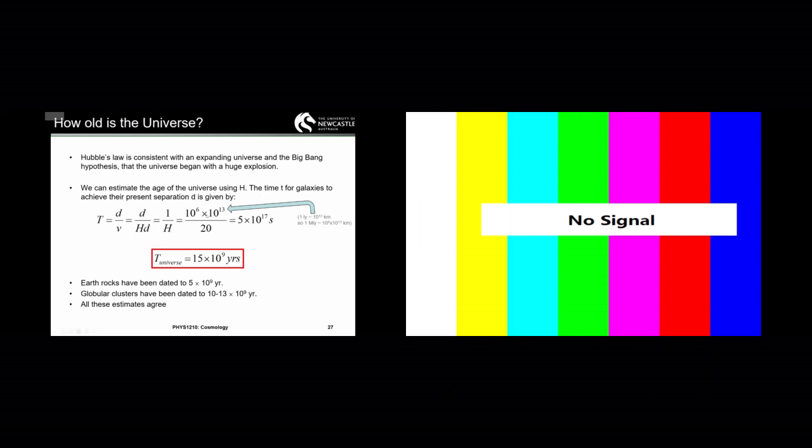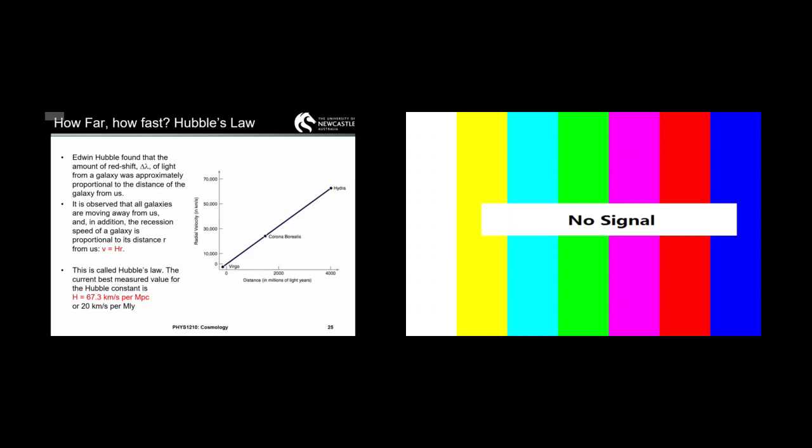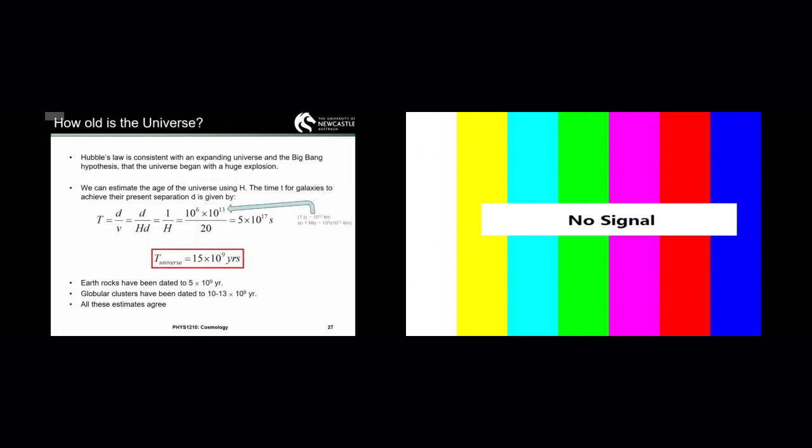Now, one set of units for Hubble's constant would be, what do we have over here? We've got 20 kilometers per second per mega light year. And now we want to convert that into some kind of sensible units.